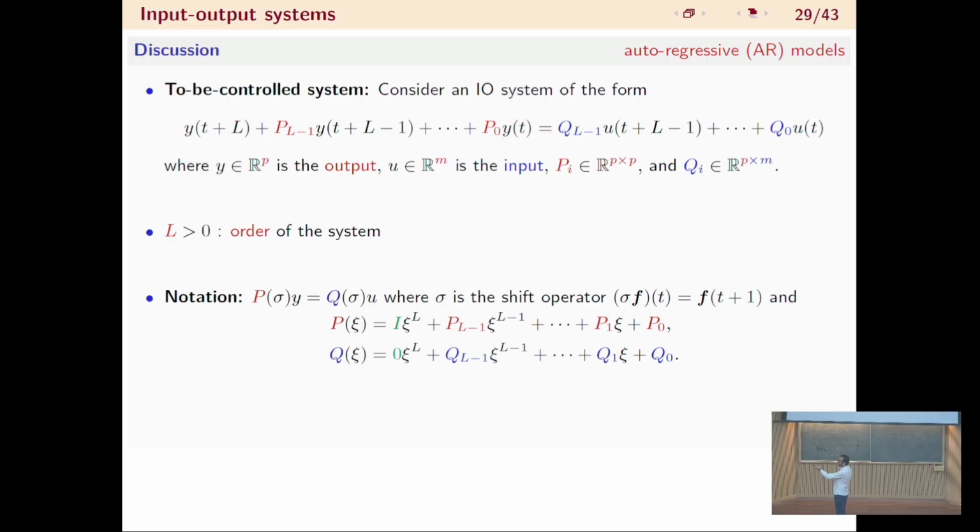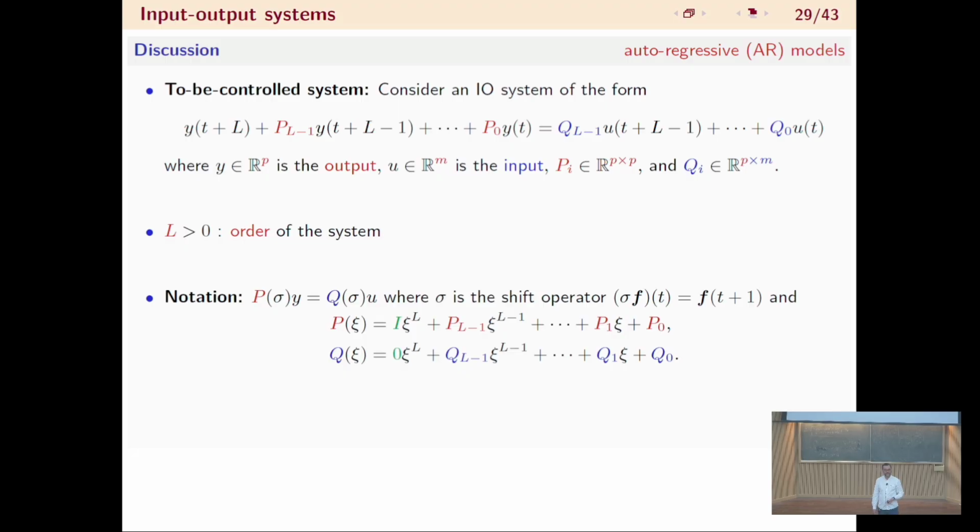P of sigma y is equal to Q of sigma u, where sigma is the shift operator, and P and Q are polynomials. If you look at P, for instance, sigma to the power L means that you have to shift L times, which is going to produce y at t plus L. And then this says you have to shift L minus 1 times. It's going to produce this thing, and the coefficient is the matrix P L minus 1.